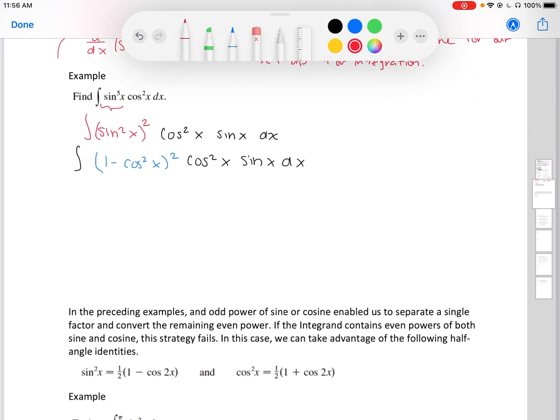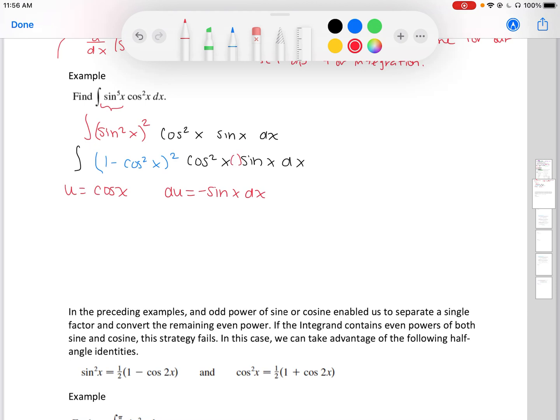Okay, for this case, since our cosine is the argument that's being squared, that should be our u. So I have u equals cosine of x. And the derivative of cosine is sine. So our derivative of cosine is negative sine of x dx. Okay, notice we don't have a negative sign. We have just positive sine.